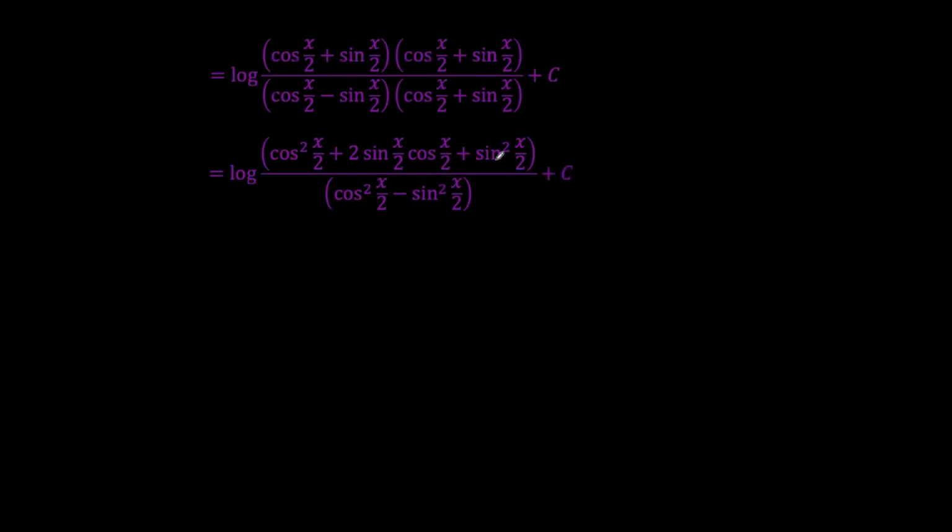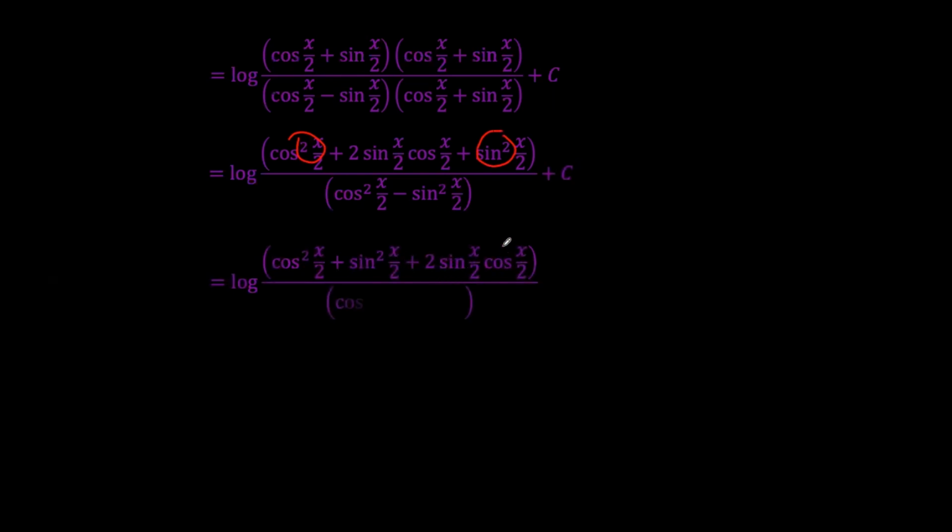Then bunching this and this becomes 1, obviously. Just bunch them together, the famous identity. And then 2 sine x over 2 cosine x over 2, this is the same as sine x, right? And this here is the same as cosine x, right?